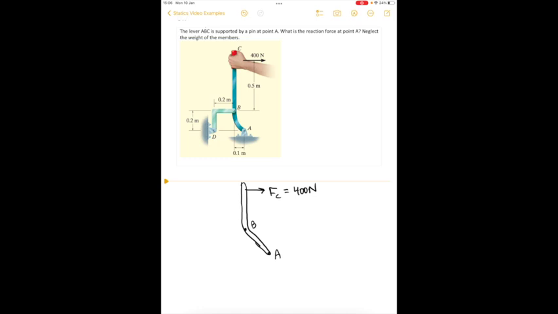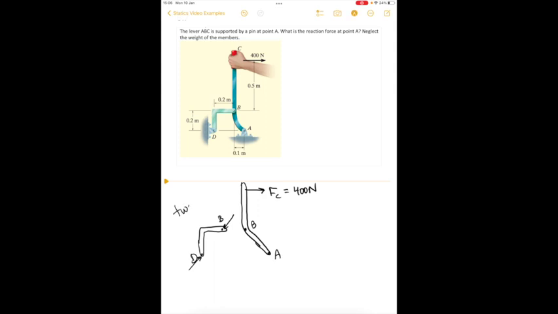But if we look at the point B, we see that it's connected to this member, which would then turn out to be a 2-force member. So we know that on this member over here, member BD, there's some force acting on it here and here.